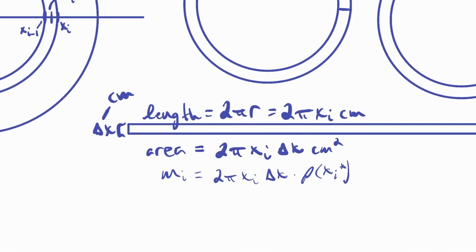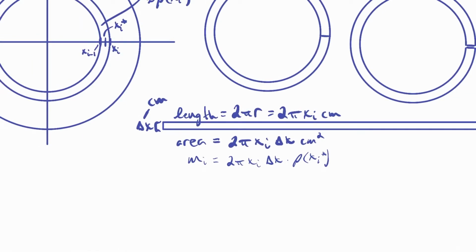Okay? So that means that the mass of the whole plate, or at least our estimate of the mass, I'll call it EM, estimate of the mass, well, this is going to be the sum as i goes from 1 to n of, and I'm going to switch the order of these two guys. I'm going to put delta x at the end, only because that's usually what we do, not because it needs to be done.